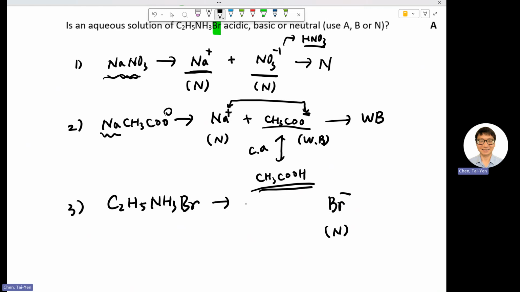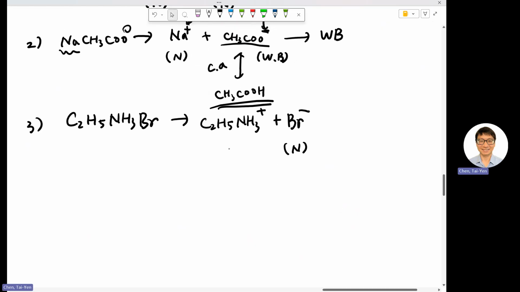So the remaining part will be C2H5NH3 plus. C2H5 is just an R group, so it is RNH3 plus.